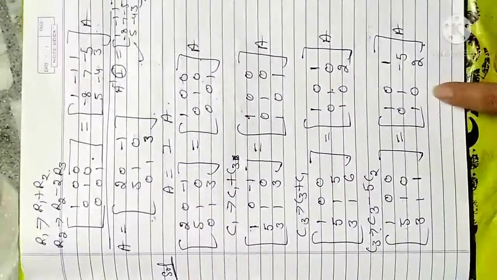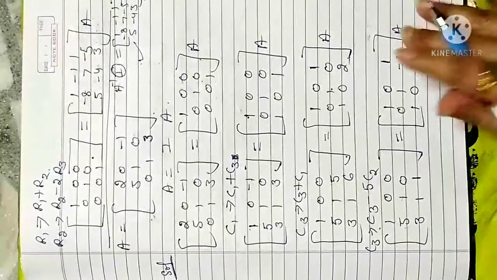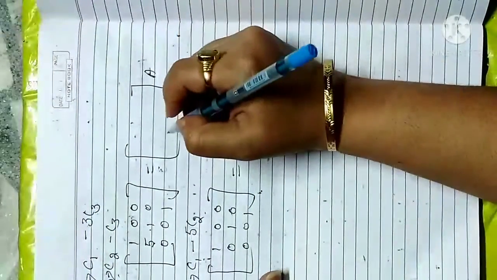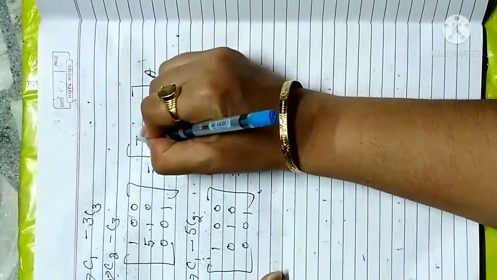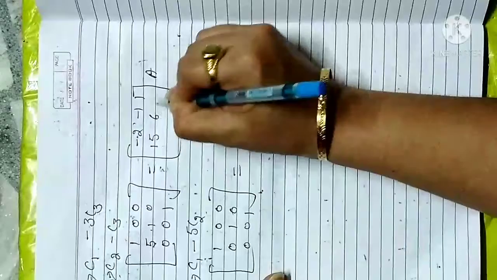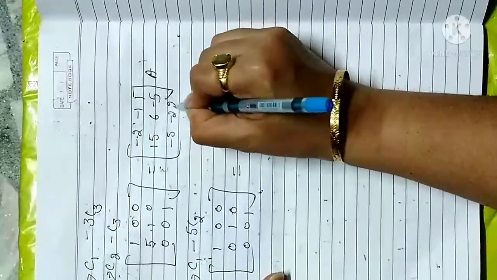So only changes in these two columns, and the last column is written as it is. So my required answer here, after applying this operation, will be minus 2, minus 1, 1, 15, 6, minus 5, minus 5, minus 2 and 2.